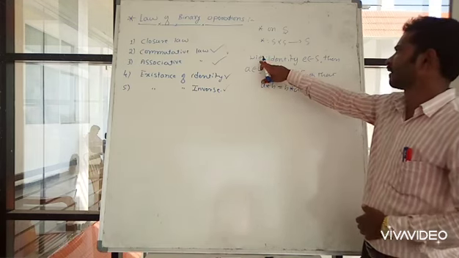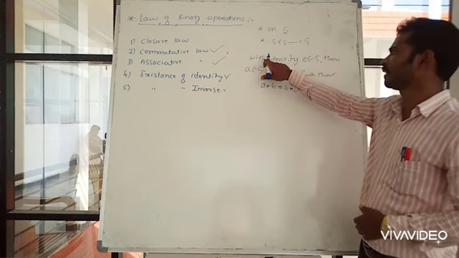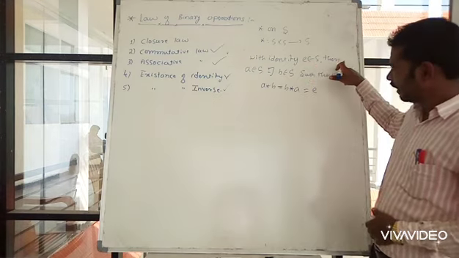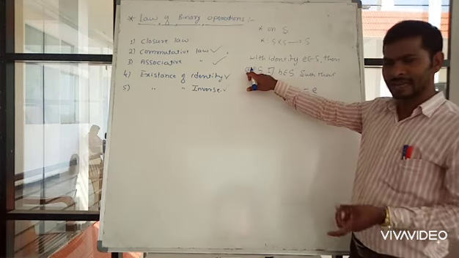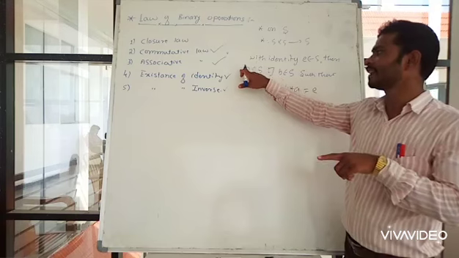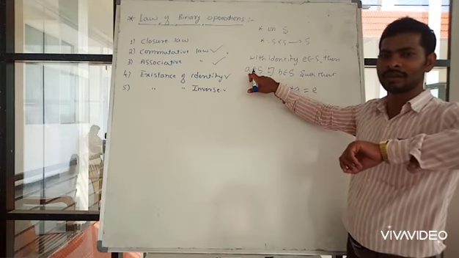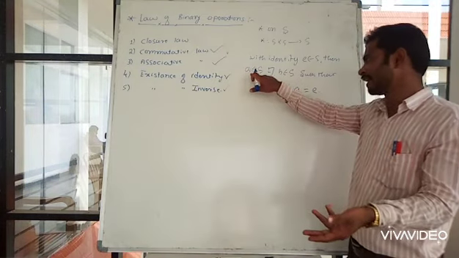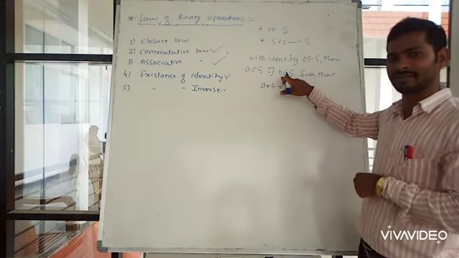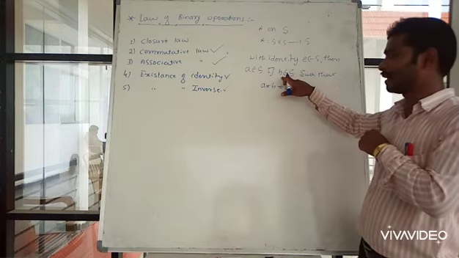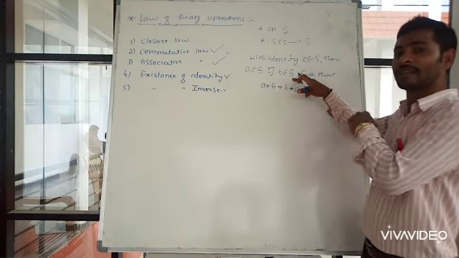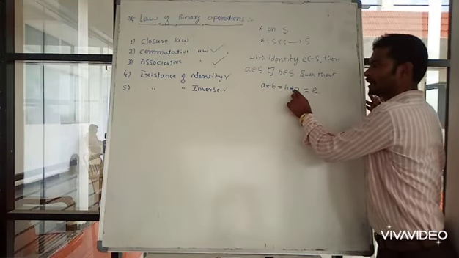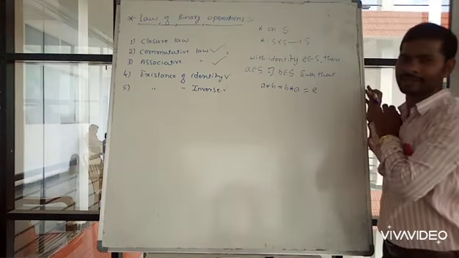If star is a binary operation on the set S with the identity E in S, here I am going to consider A as any element of the set S. This element A is invertible if there exists another element, which I select as B in the same set S, such that A star B equals B star A equals the identity element.